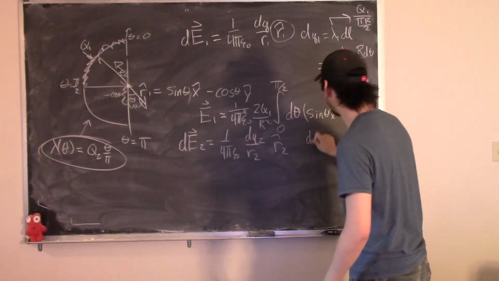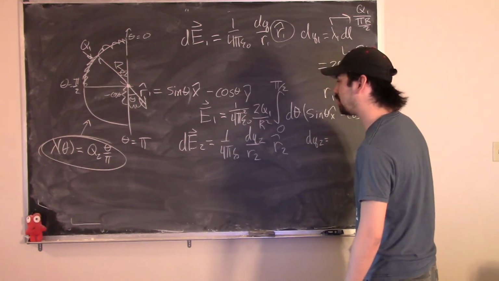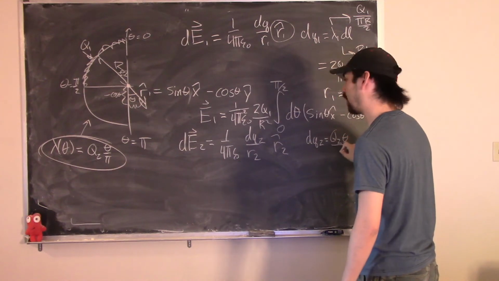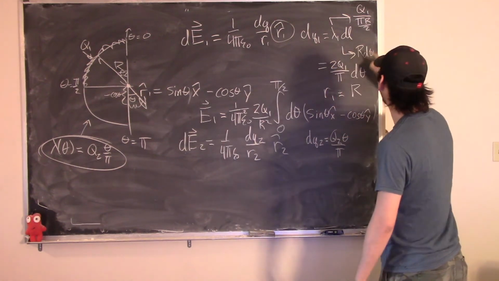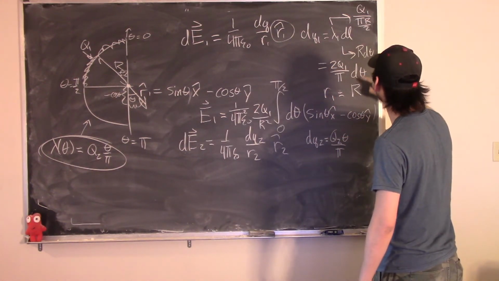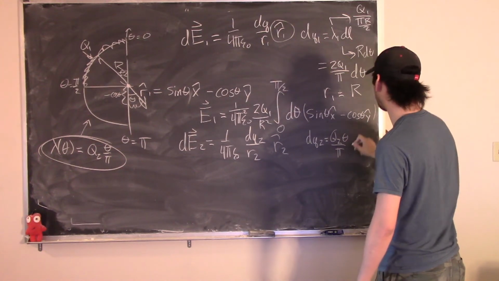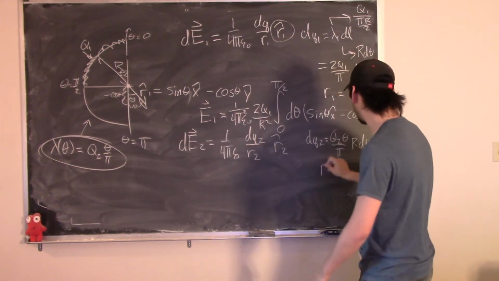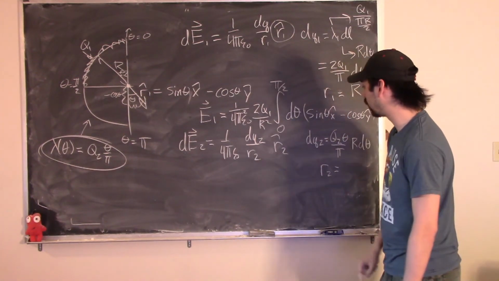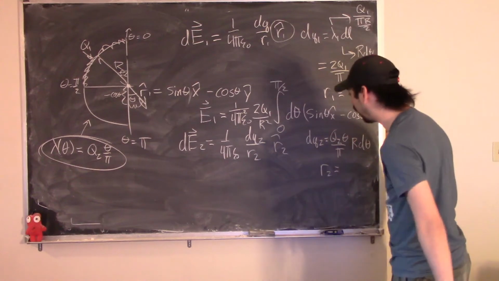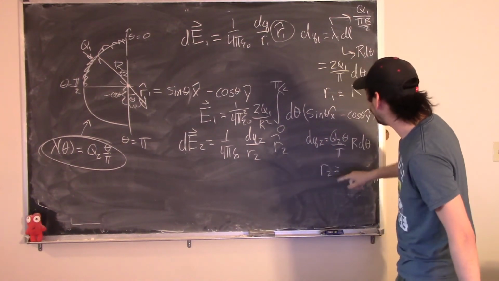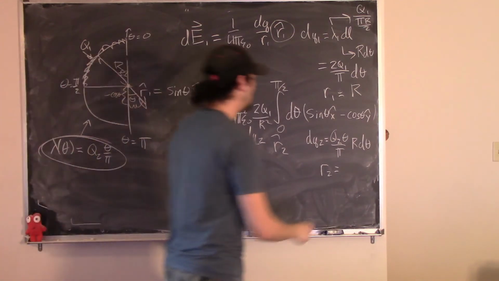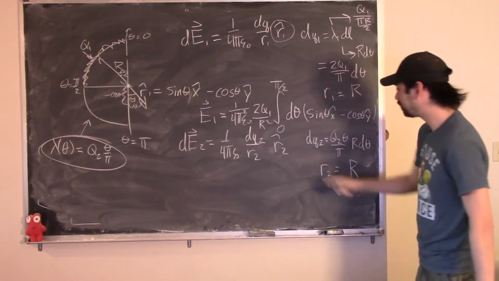And so dq2 is going to be equal to q2 theta divided by pi times dl, which is going to be r d theta. R2 is just going to be the same distance that we have here, capital R.